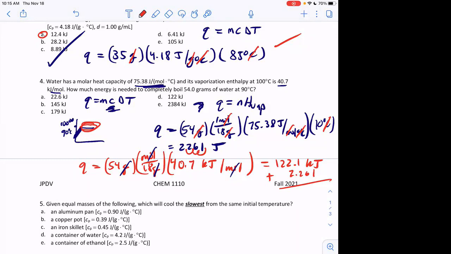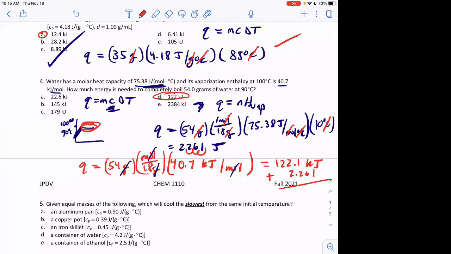Yeah, I might have had a mistake on last year's exam. This is the closest answer, but a mole of water has a molar heat capacity of 73.18. We did that right, 54 grams. Yeah, just double check the math, but we did it right.